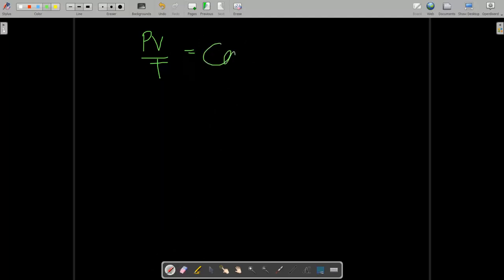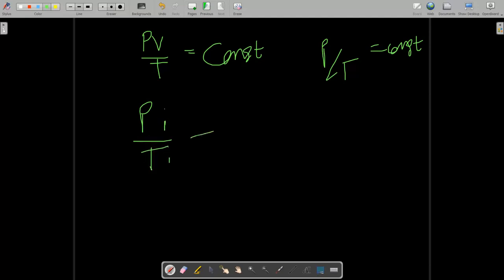So PV by T is equal to constant, but here V is constant, so the P by T ratio is constant. Initial pressure upon initial temperature is equal to final pressure upon final temperature. What is the initial pressure? 310 kilopascal absolute.